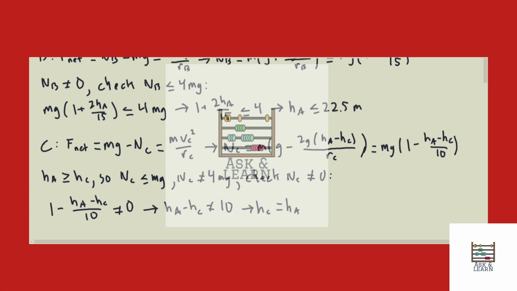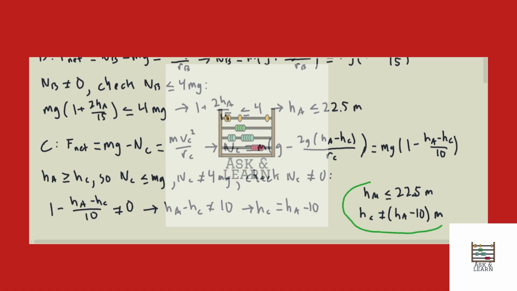minus 10. Right. Okay, so those will be our two conditions then. We want to ensure that h_A is less than or equal to 22.5 meters, and we want h_C to not equal h_A minus 10 meters.